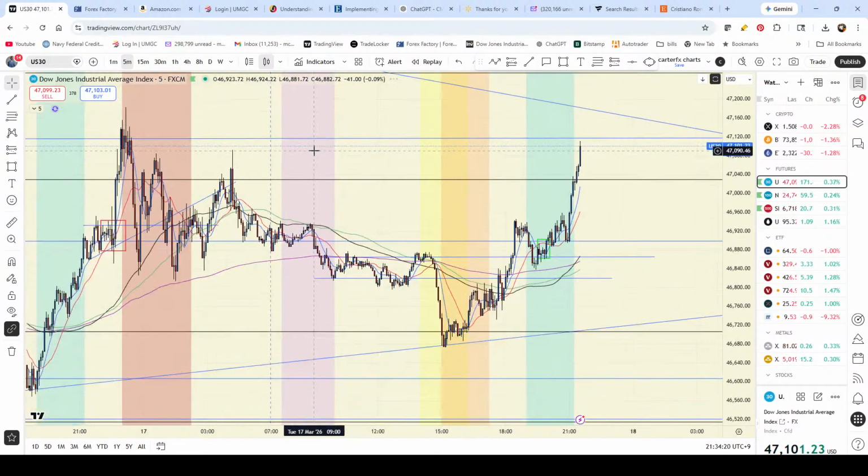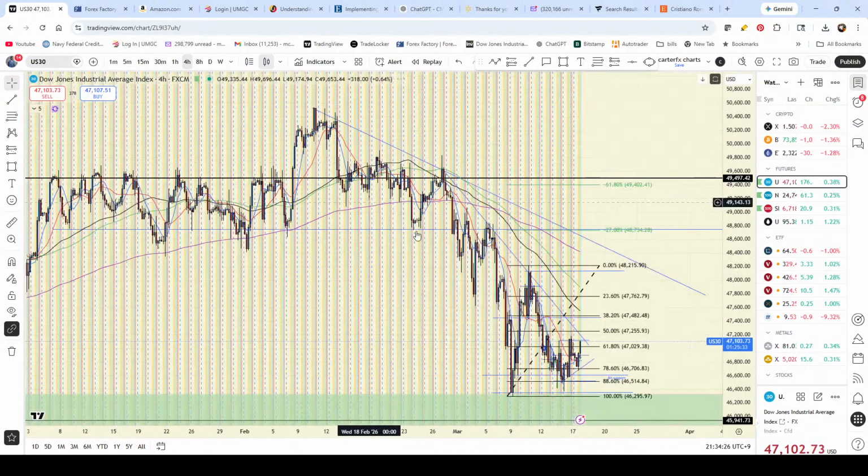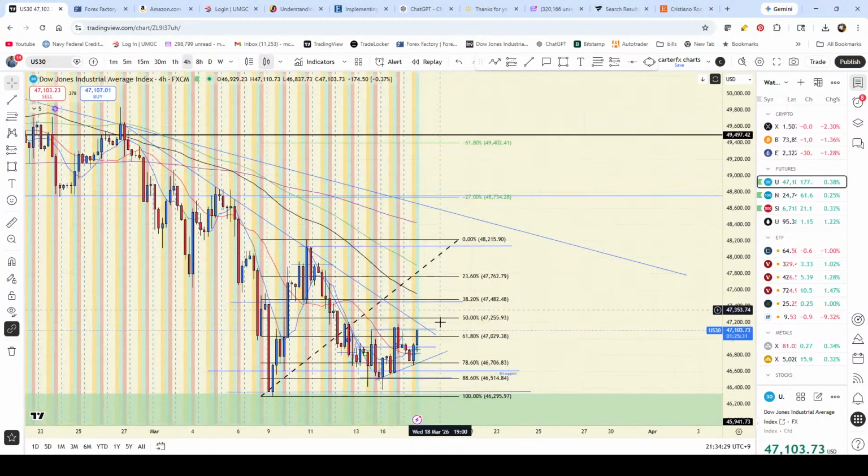You see prices coming up. You never know, man. This can want to go bear. You see, we have this trend line right here as well. MAs are still pointed down.